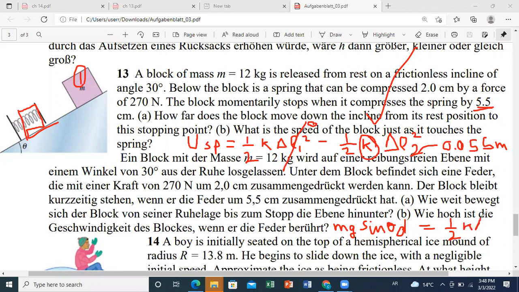Everything is known except d, so we can calculate the value of d. Okay, so you replace k, delta L2, m, g and theta by their values, and you get the value of the distance d. Any question on this problem?